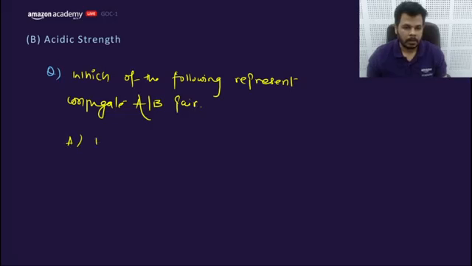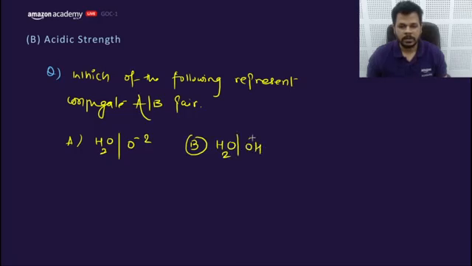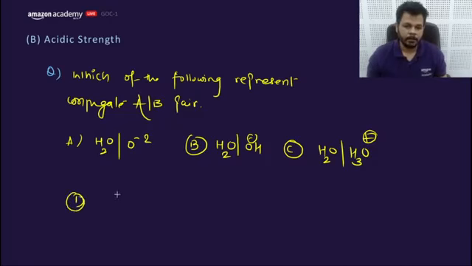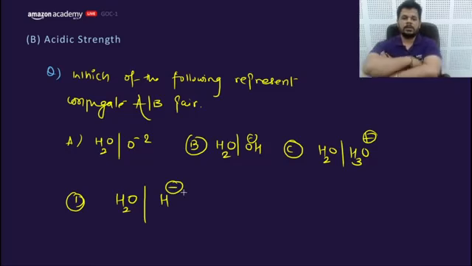A. H2O, O minus 2. B. H2O, OH minus. C. H2O, H3O plus. D. H2O, H minus. Answer it. Which of the following represents a conjugate acid base pair?